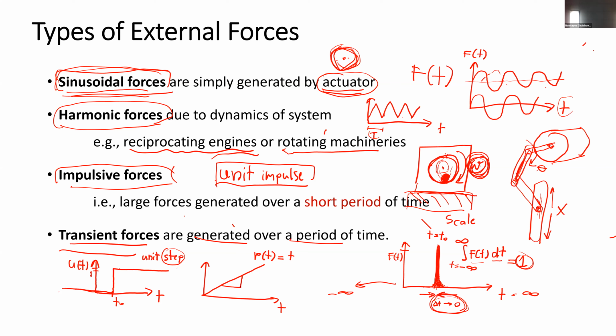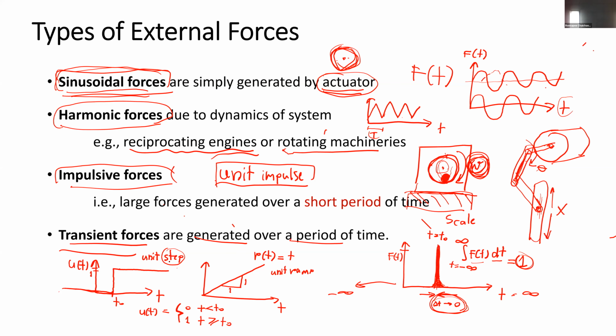And if the slope is 1, we call the function a unit ramp function. The unit step u(t) is equal to 0 when t is less than t0, and equal to 1 when t is more than or equal to t0.